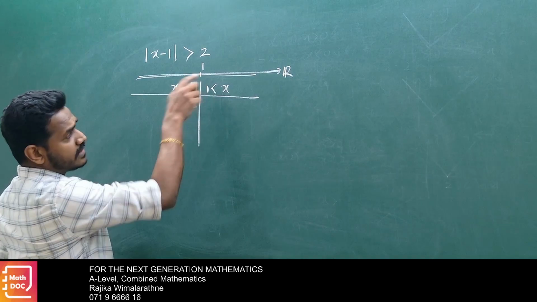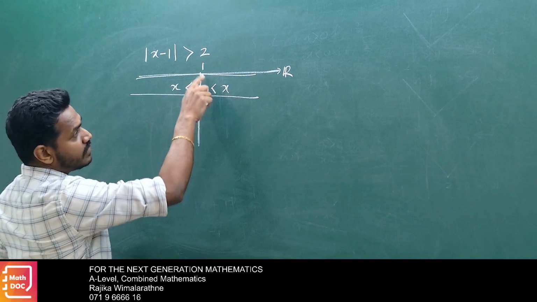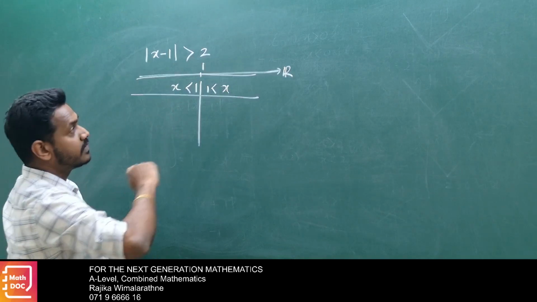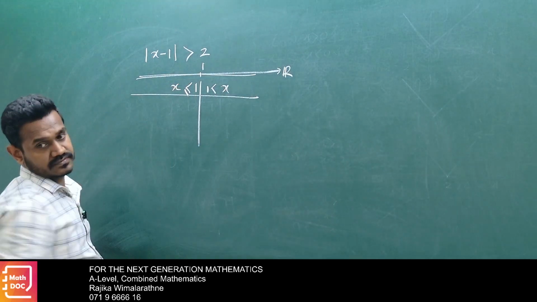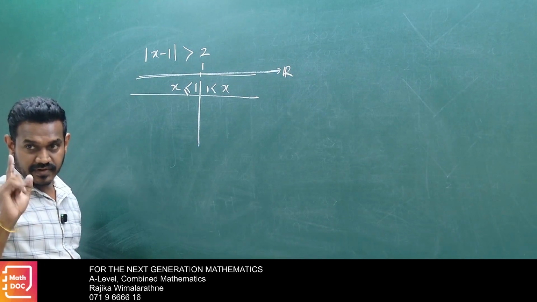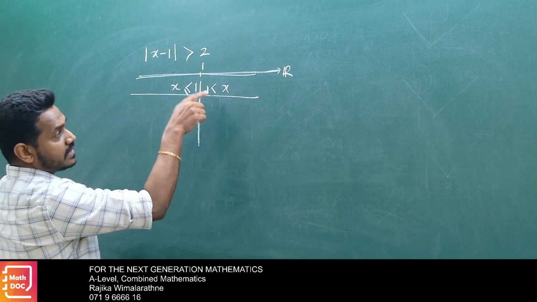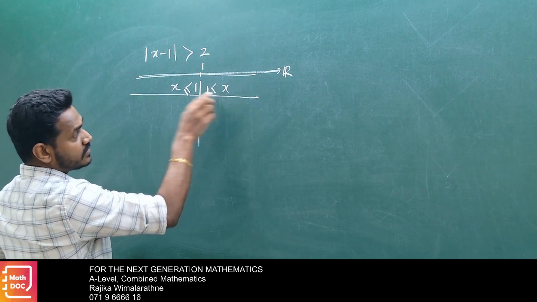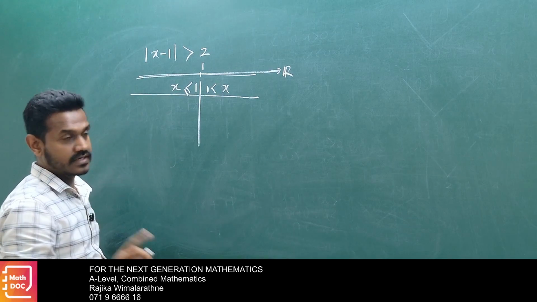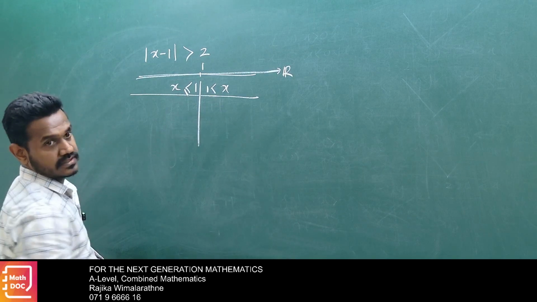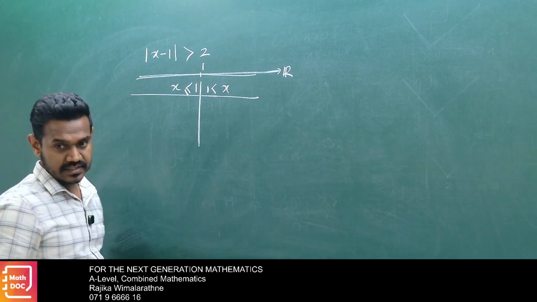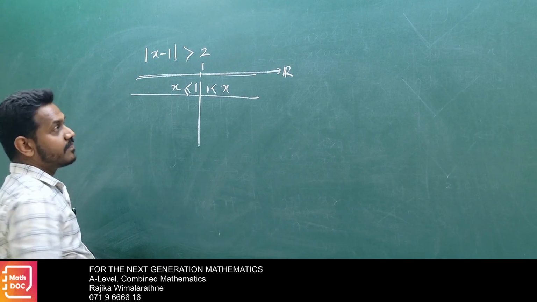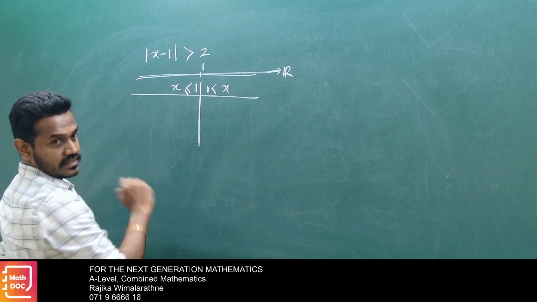Minus infinity to 1 is here, 1 to infinity is there. To cover this full number line, I am going to put equal to 1 here, only for 1. Don't put equal here also. You can put it here or here, because we put it to cover the full real axis.